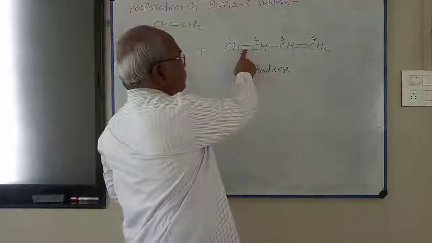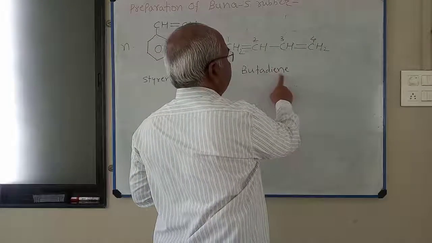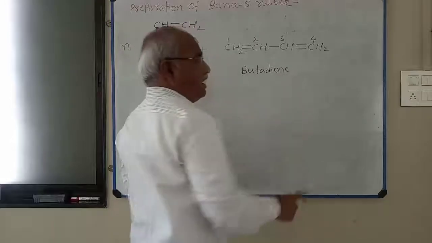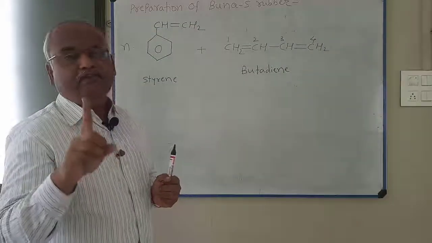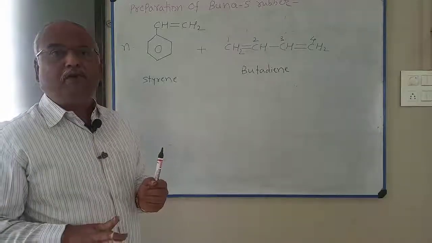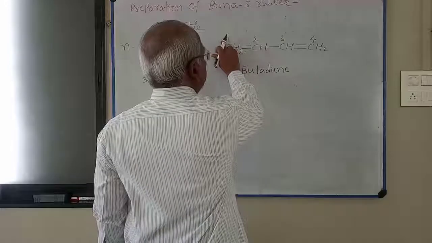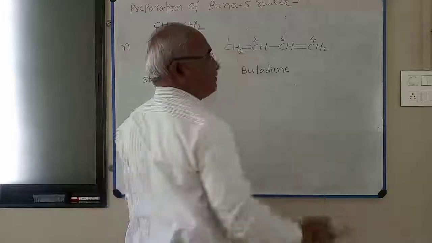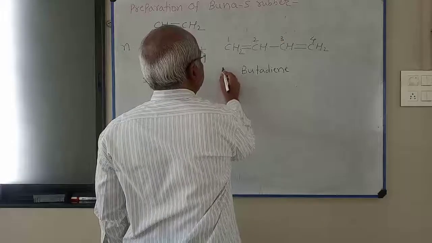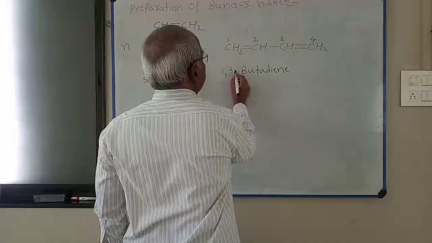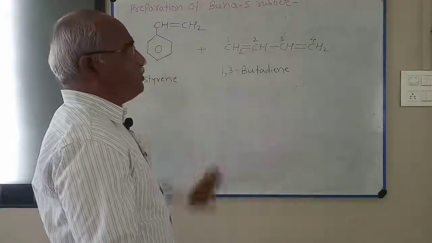There are 2 double bonds, therefore the suffix diene is used. And A from the name of alkane is retained. At 1 position double bond is present. At 3 position double bond is present. Therefore 1,3-butadiene is the name of the compound.